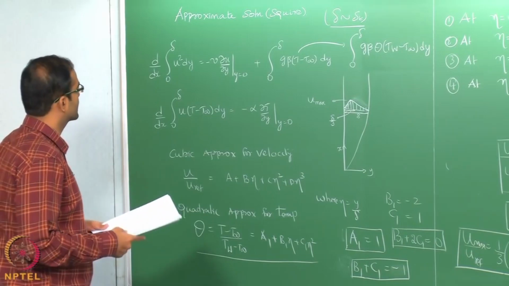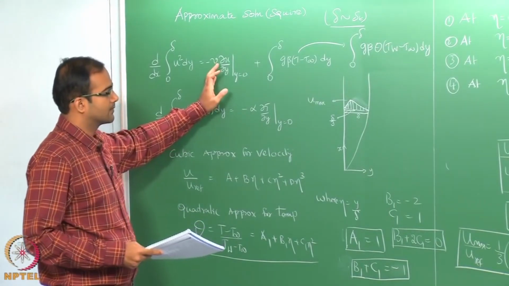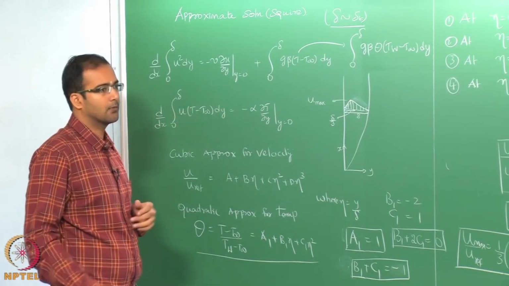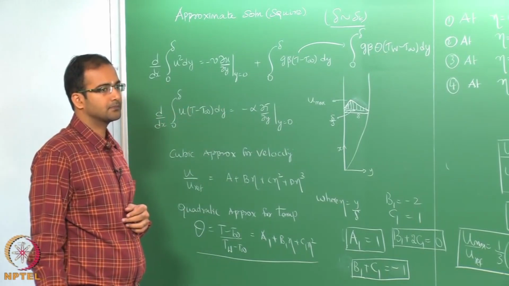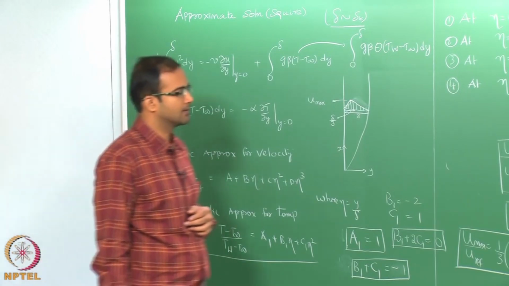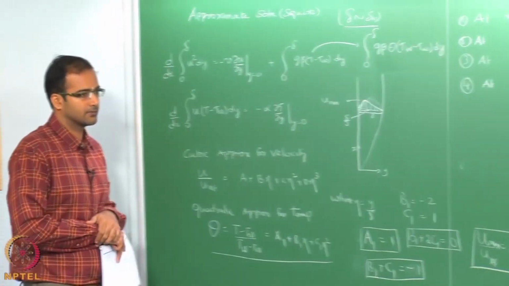Now, what will be the value of du by dy at y equal to 0 if you substitute this profile? Y equal to 0 indicates what? Eta equal to 0.